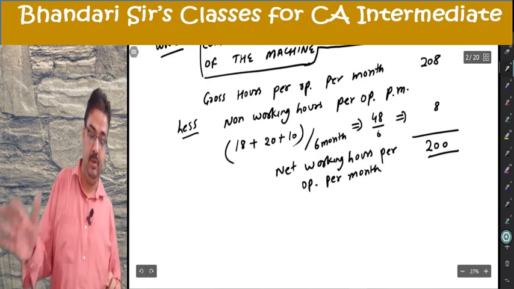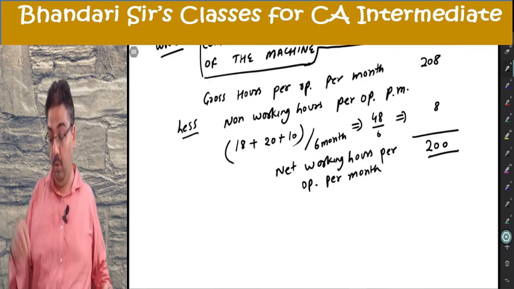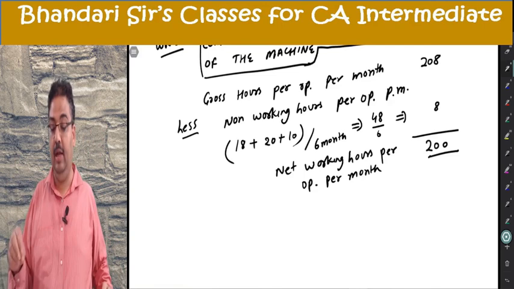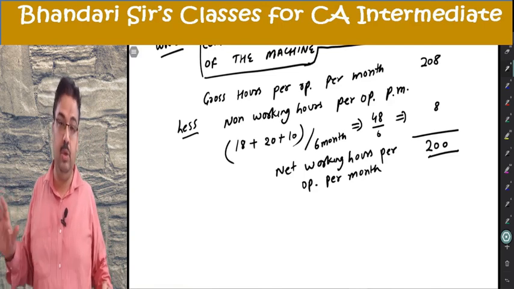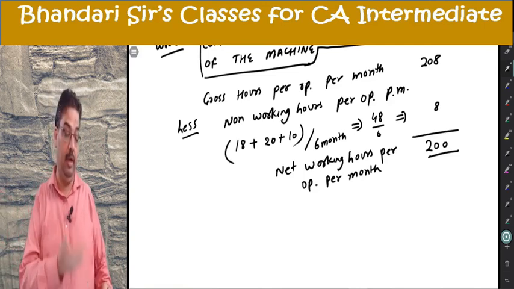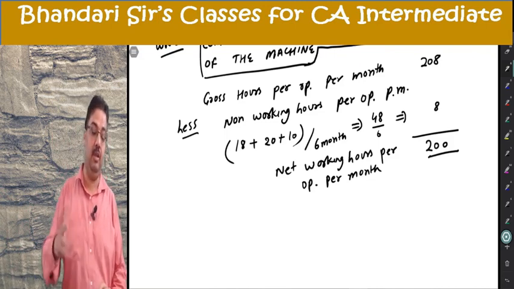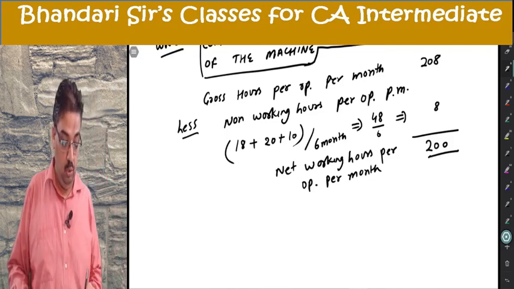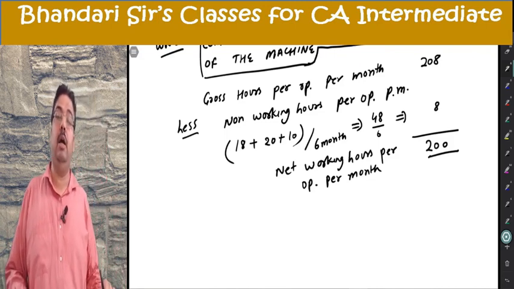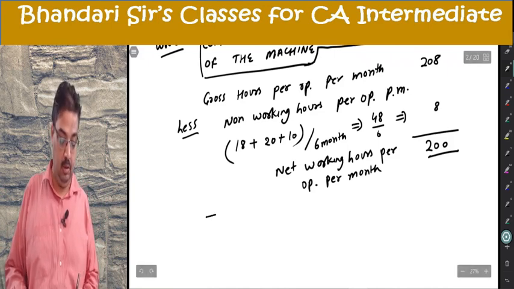In older times, you were given per operator per month 18, 20 and 10. So, you were directly deducting without dividing by 6. Here is a difference that is there. So, 200 net operating working hours are there per month per worker.